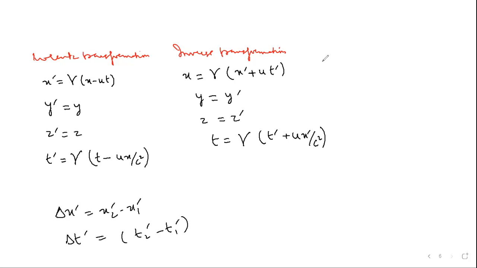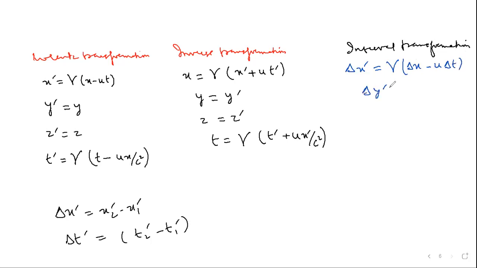So let us write them, summarize them. So interval transformation. Delta x prime is equal to gamma times delta x minus u delta t.